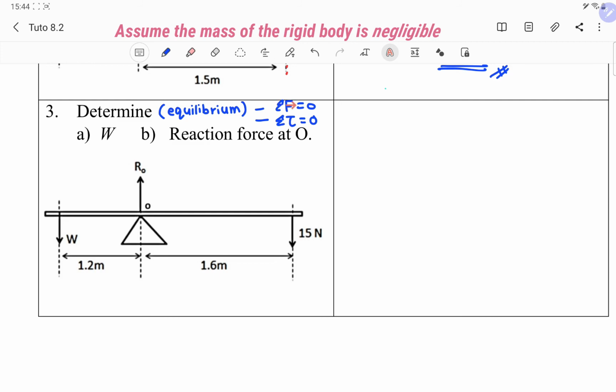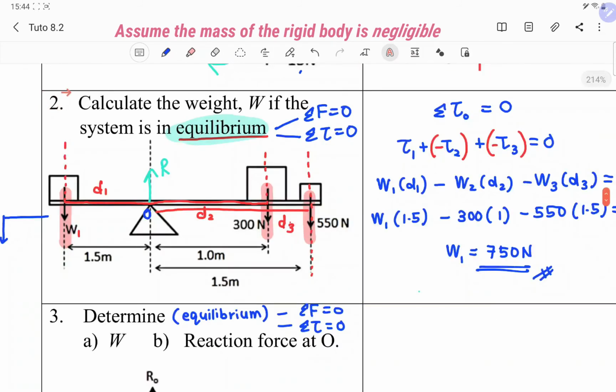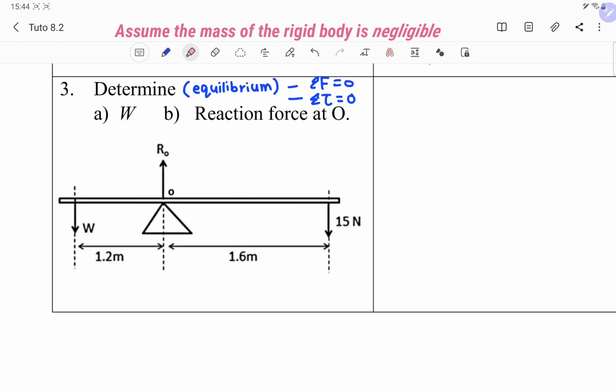We can use either summation F equals 0 or summation torque equals 0. It is the same as number 2, except for number 2 we only used torque equals 0 and got the answer. If you didn't get the answer yet, you will need summation of F equals 0 to get another equation. So let's look at it in terms of torque.